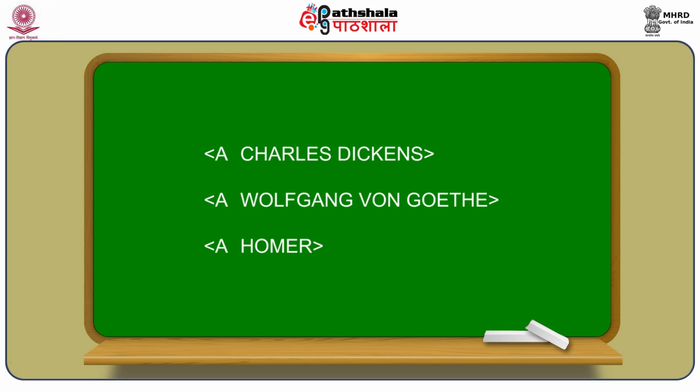So whenever the code A is used within angle brackets, for our understanding, it means that this particular character put within angle brackets stands for author.